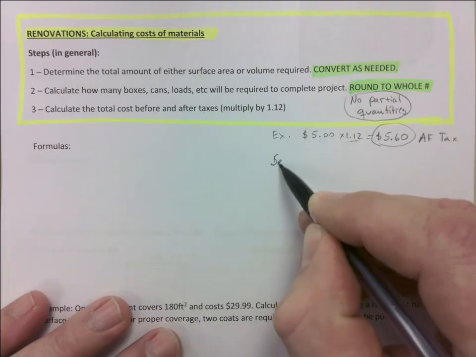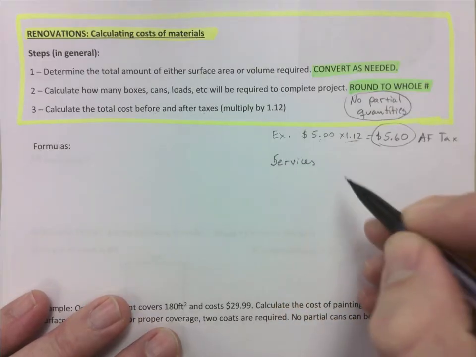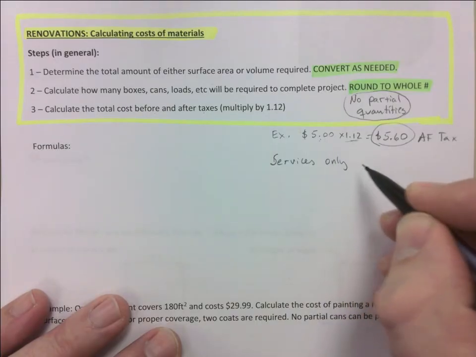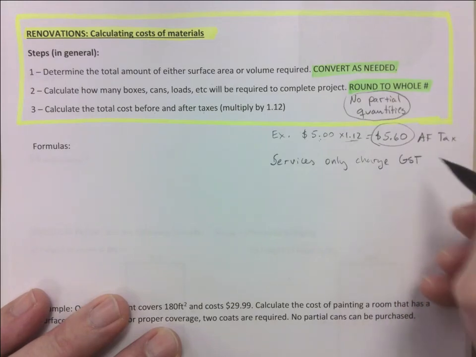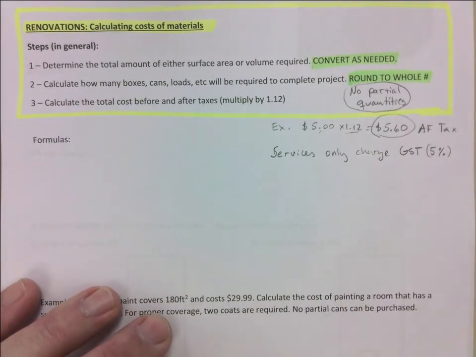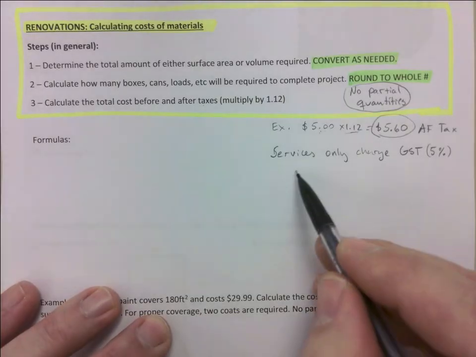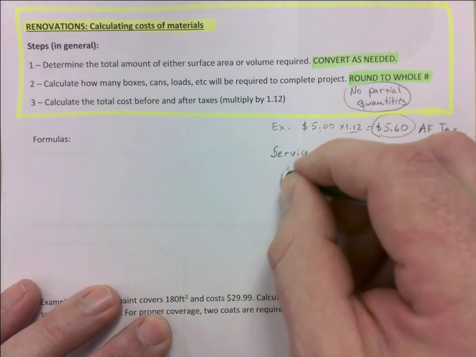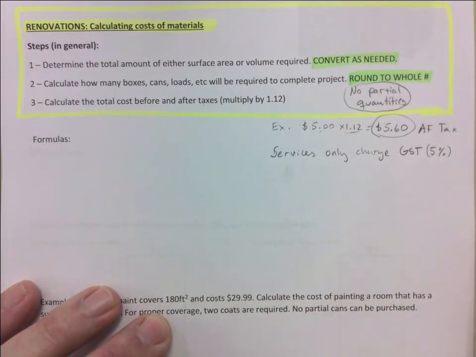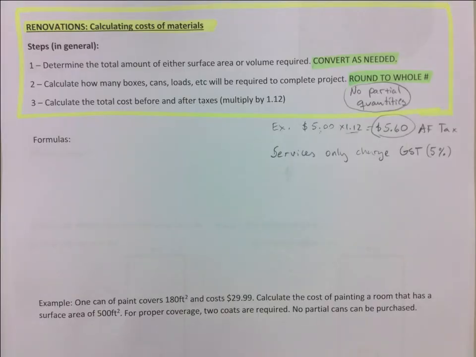Services only charge GST, and GST in Canada is 5%. Okay, so if you buy services, something like if you get a plumber to come out and fix your drain, like you can't flush or something isn't working, the plumber will only charge you 5% on the labor on that service.